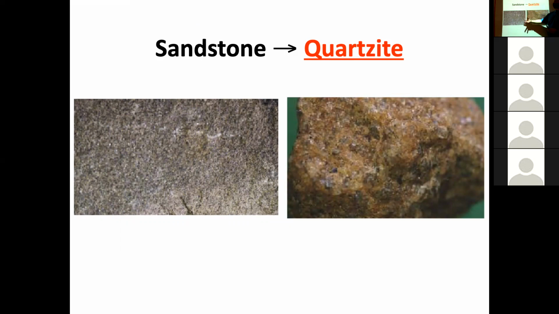And since most sand is quartz, it's fitting that the name of this rock is quartzite, because now that's what it's made of pretty much, is quartz. But quartzite is much, much harder than sandstone. Much harder than sandstone, much more durable.